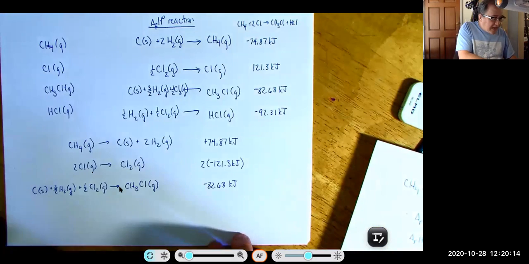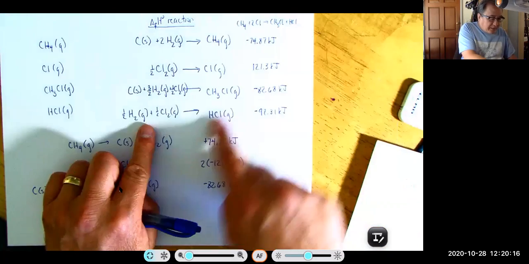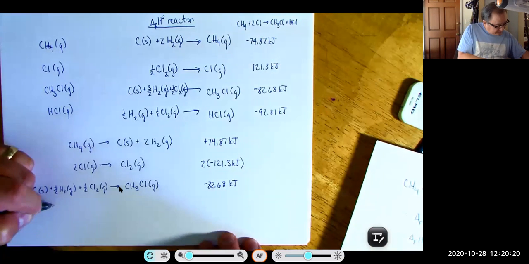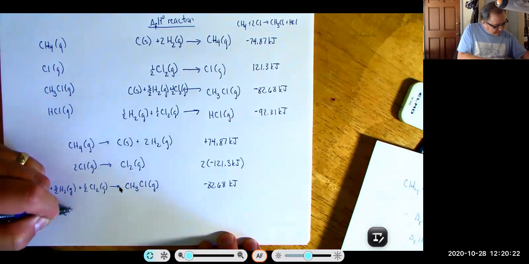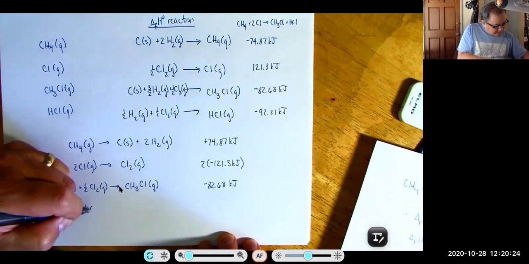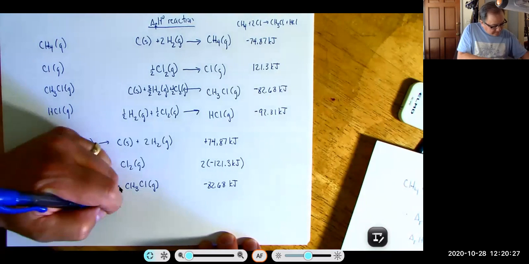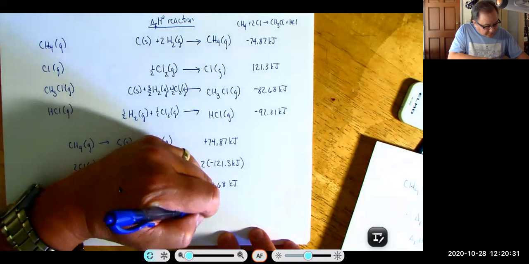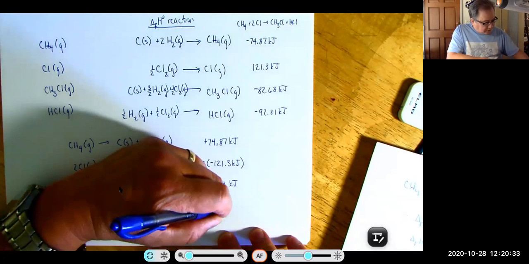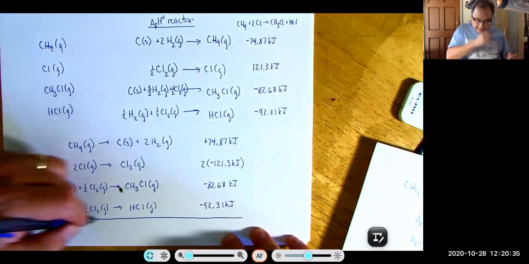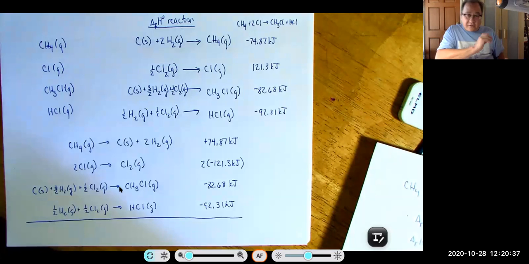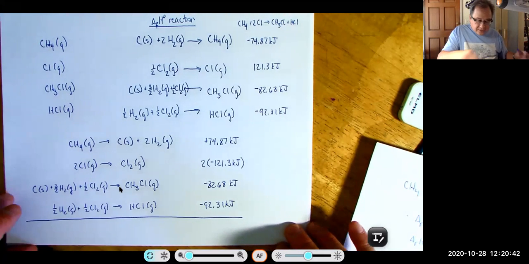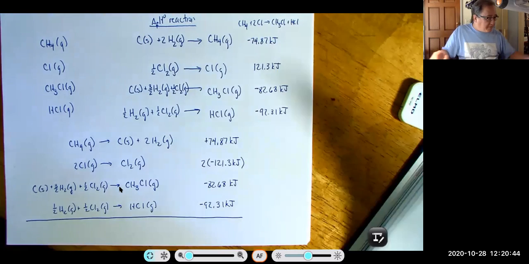Now, this last reaction is how we get HCl, and we need 1 HCl, so I'm going to use this reaction as is, with minus 92.31 kilojoules. When I add these all up together, I should get the answer I got before, the 342. So this is another way to do that problem that we looked at before.